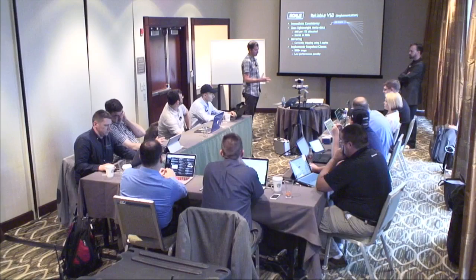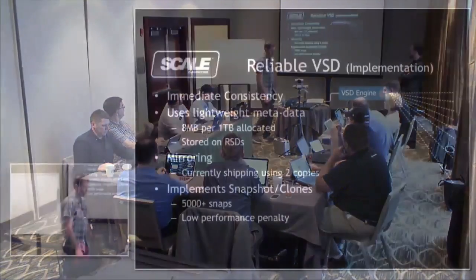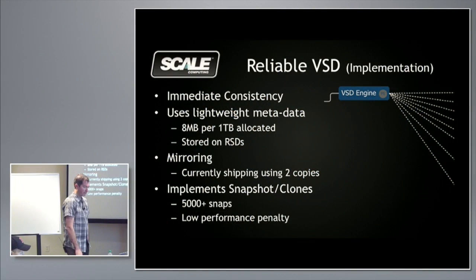Currently, we support almost 6,000 snapshots with a low performance penalty. Those snaps and clones are instant. Clones are instantly writable, so it makes it easy to just click and clone a VM and then immediately bring it up, from a gold master image or something like that.